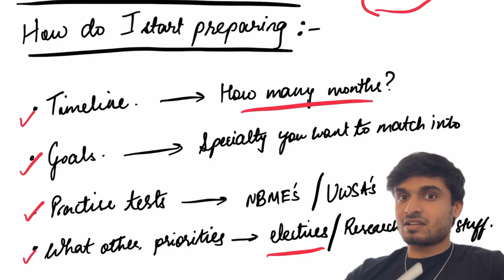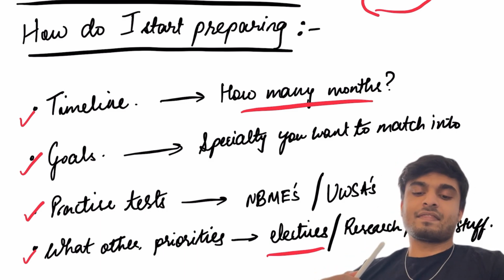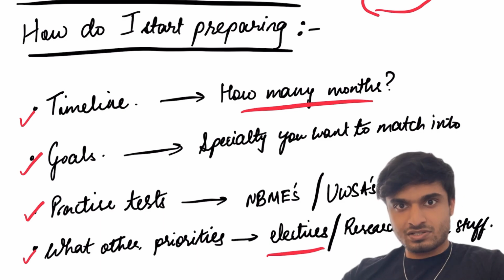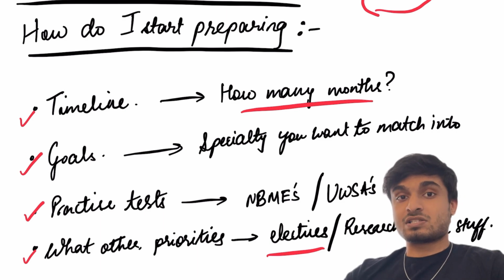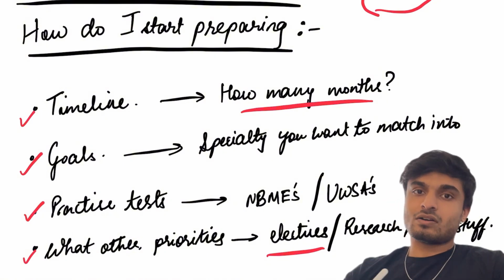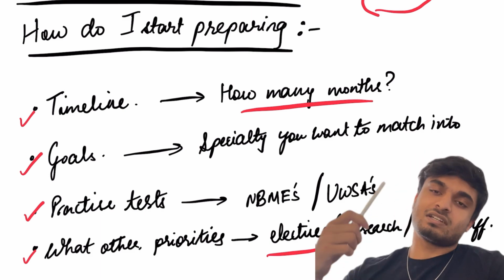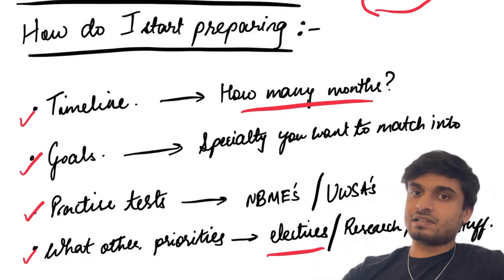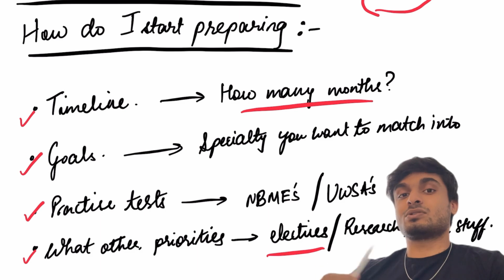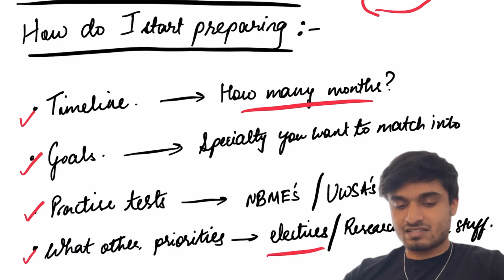But then I got a research position that they wanted me in early, and I went into the research position. Although I was planning to take this Step in June, July of 2024, it again got delayed. I prepared during my research position and finally took this Step 2 in December of 2024. So it took me more than a year to finish preparing and finally give the test.